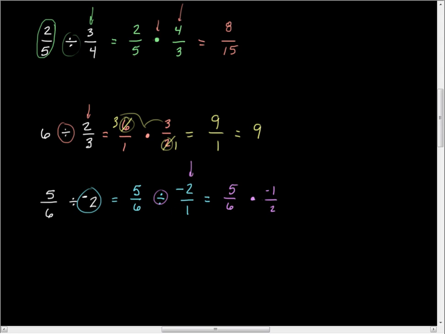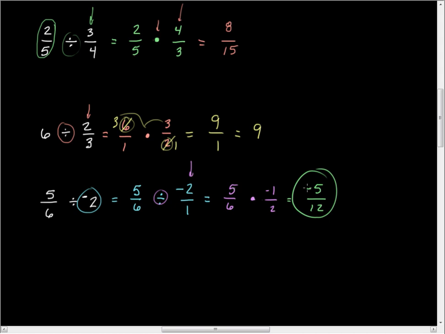And so again, I'm checking for common factors top and bottom. 5 doesn't have any factors in common with 6 and 2 other than 1, and that doesn't help us. 1 doesn't have any common factors with 6 and 2 other than 1, so that doesn't help us. So we just go ahead and multiply. 5 times negative 1 is negative 5. 6 times 2 is 12. There's our answer.